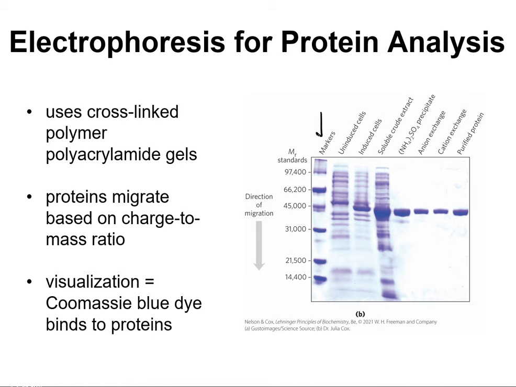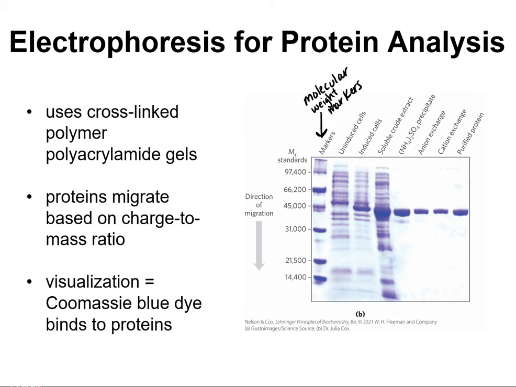Notice that in this first lane, there are markers. These are molecular weight markers. And that is just a standard that you can purchase that has specific amounts of proteins with known molecular weights.